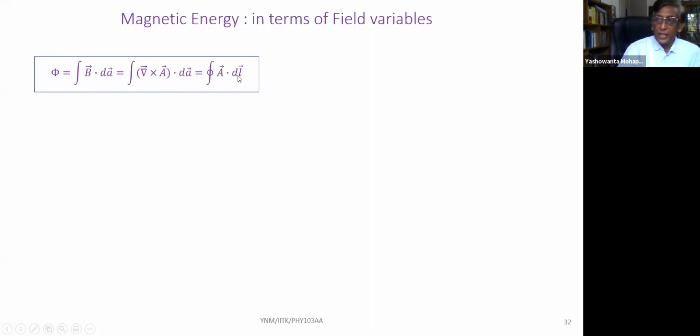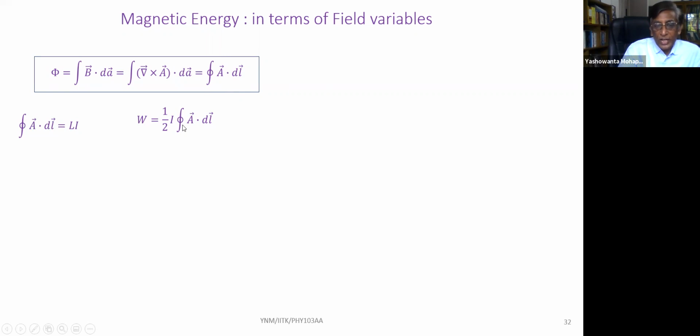A few slides back I just did that. So the flux is the line integral of A dot dl. But the flux is also L times I. So this is the line integral of the potential. So W is then half I times the integral of A dot dl.